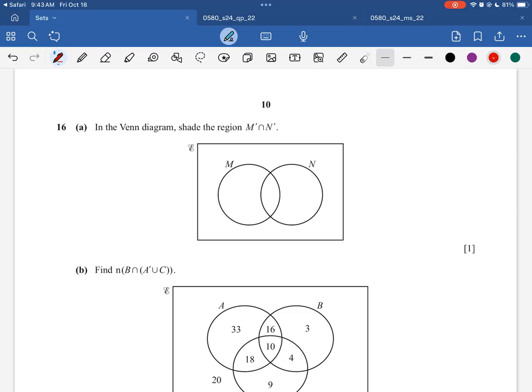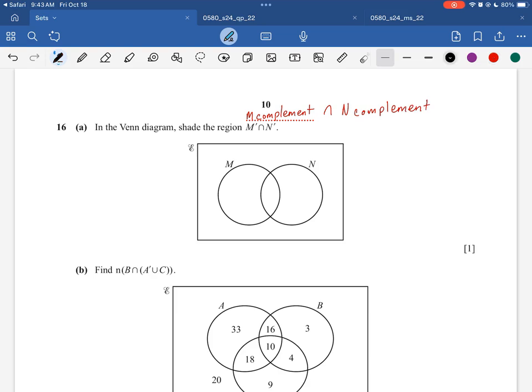Sorry, I said M prime, or M complement. It's the same thing. M complement intersect N complement. That's everything not in M intersecting with everything not in N.